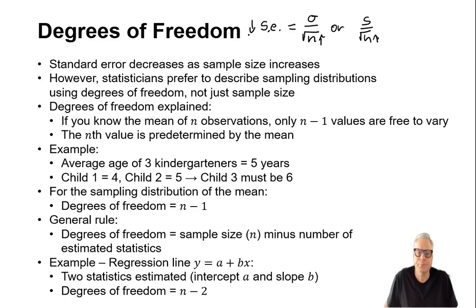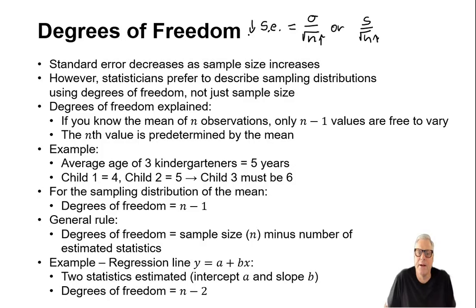The basic idea is the more representative a sample is, the less is the sampling error. The closer it is every time to the true population mean.